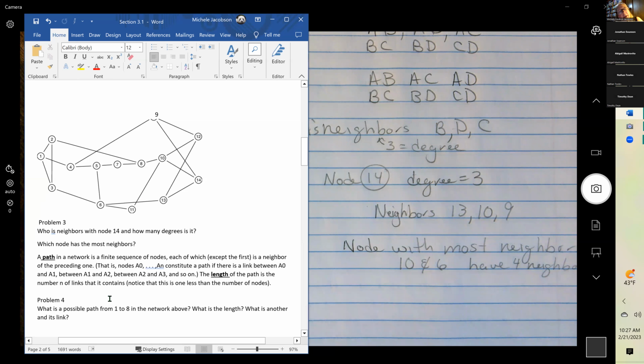The length of the path is the sum of the links, but you could also count the nodes minus 1, because you don't include the first one since you're already at that one. So either count the links or count the nodes minus 1.